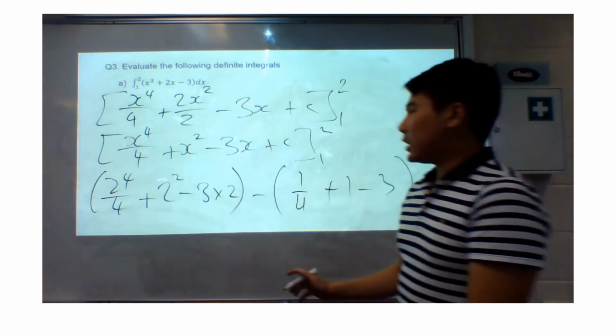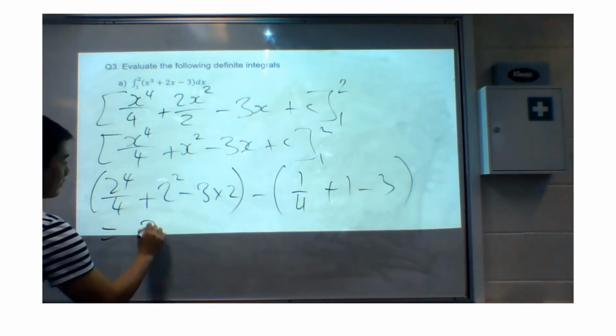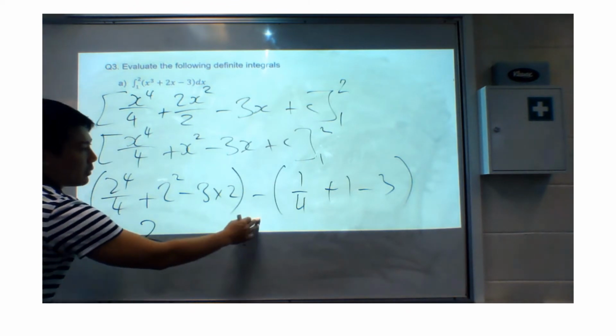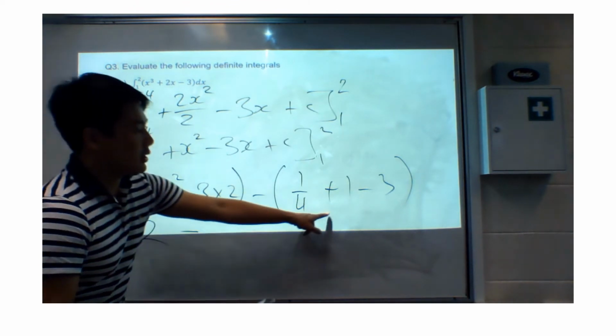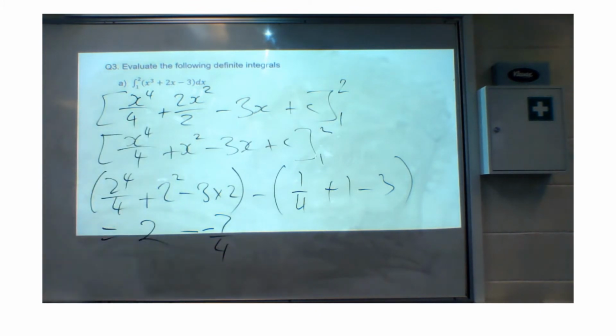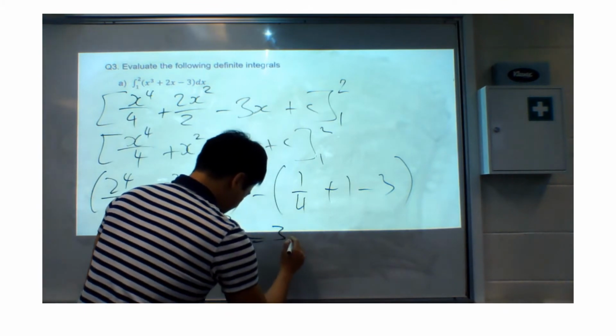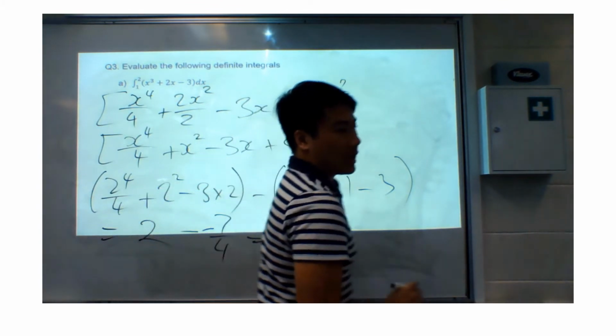So this whole thing, if you have done it properly, should become 2. Take away, this will become -7 over 4. Two negatives become a plus, 2 plus 7 over 4. Your answer should be 3 3/4.